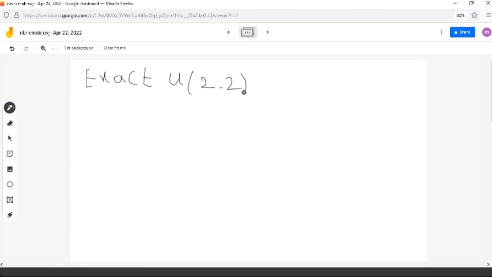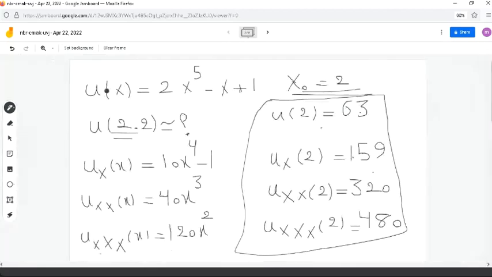For the exact solution, I can't use the Taylor's theorem, okay? I should use the formula of u, means u(x) equal to 2x^5 minus x plus 1.